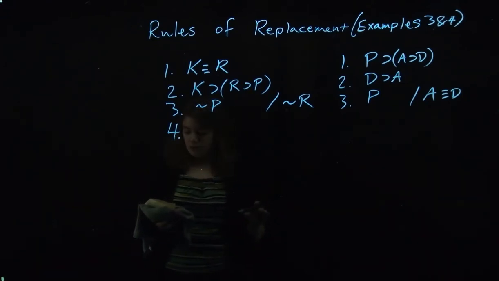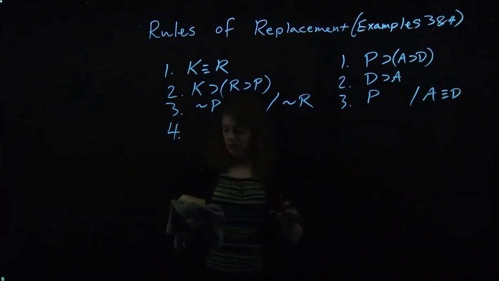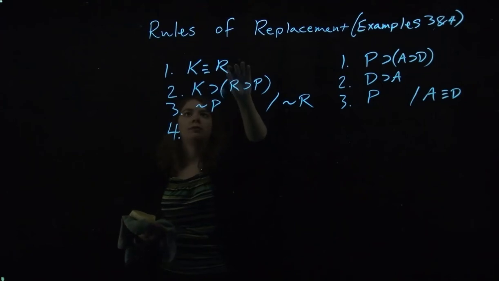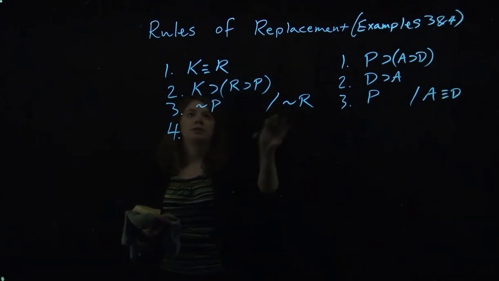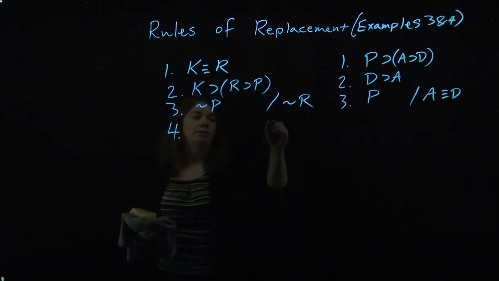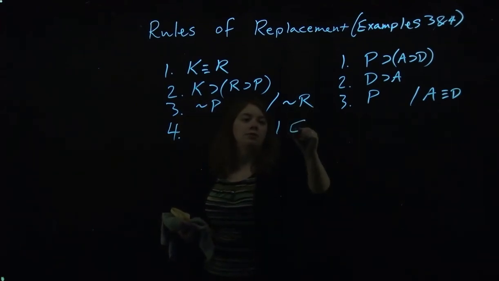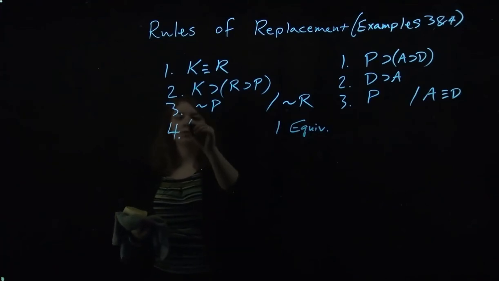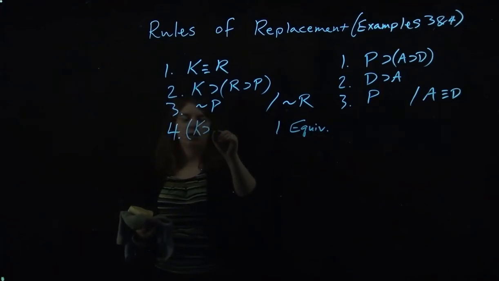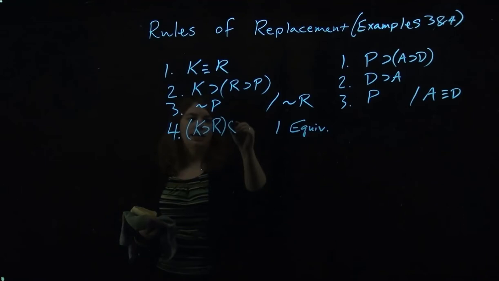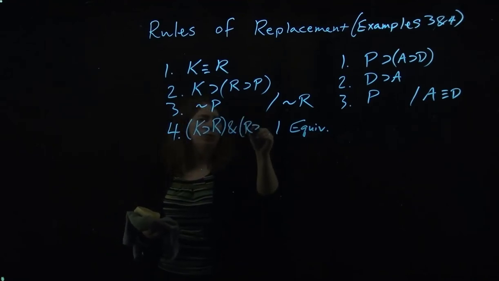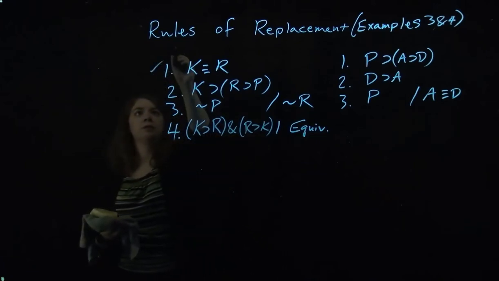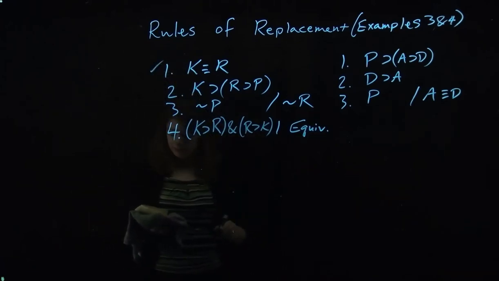So I would suggest first trying the conjunction that involves the conditional statements. So on line 1, using the rule of equivalence, let's say K horseshoe R and R horseshoe K. That gets that line out of the way.